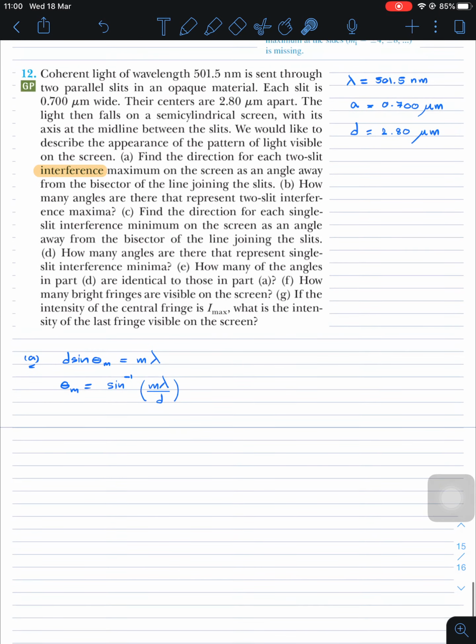This is easy. You just plug in different m, and lambda and d from before, into this equation.